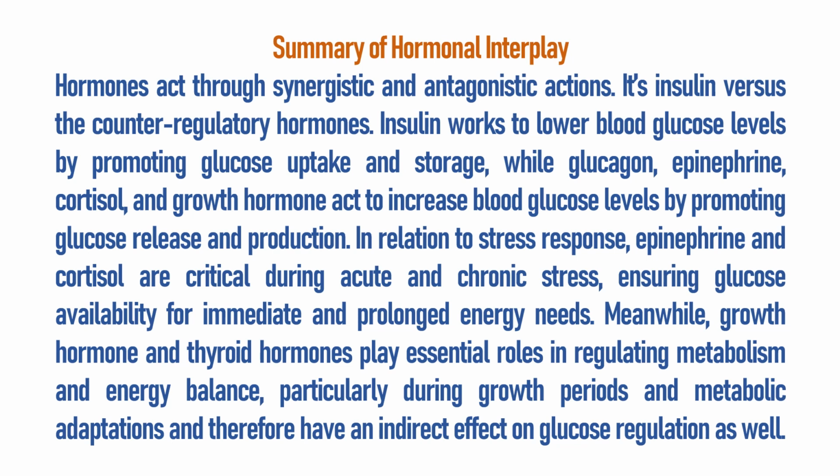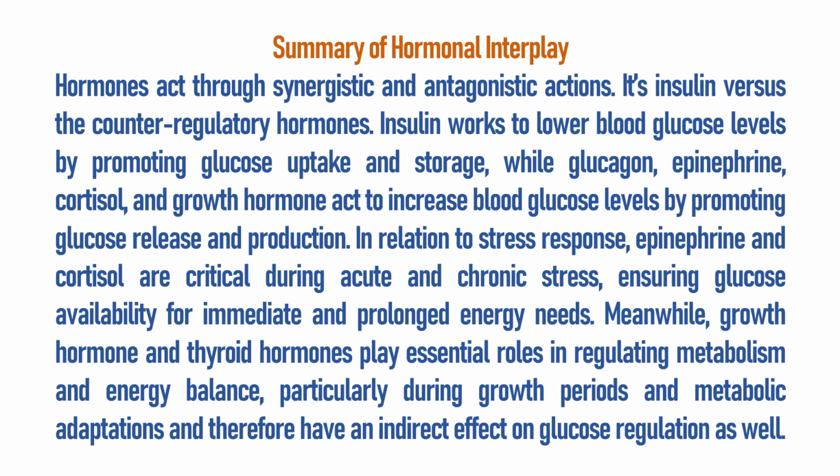Summary of hormonal interplay. Hormones act through synergistic and antagonistic actions. It is insulin versus the counter-regulatory hormones. Insulin works to lower blood glucose levels by promoting glucose uptake and storage, while glucagon, epinephrine, cortisol, and growth hormone act to increase blood glucose levels by promoting glucose release and production.